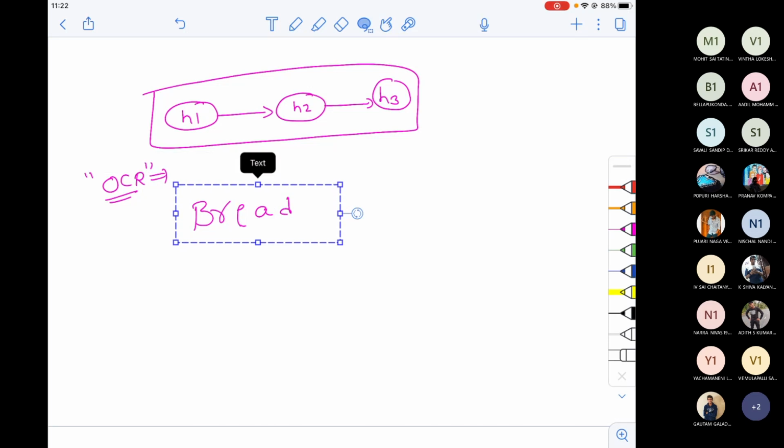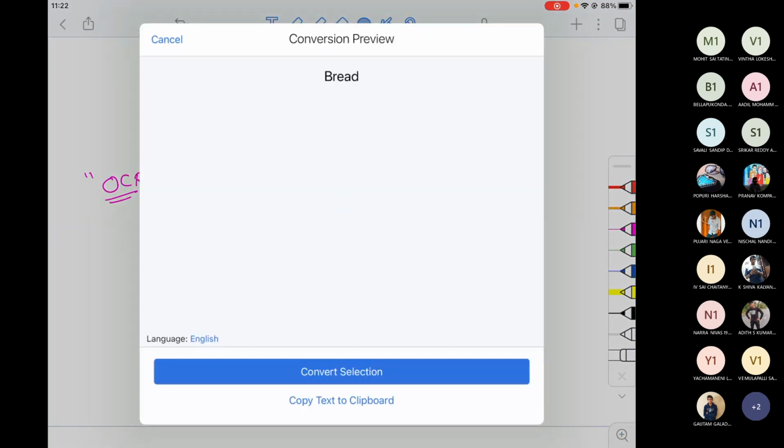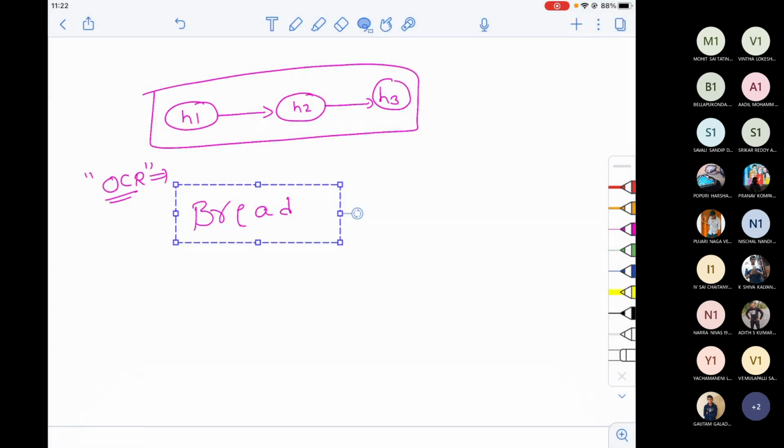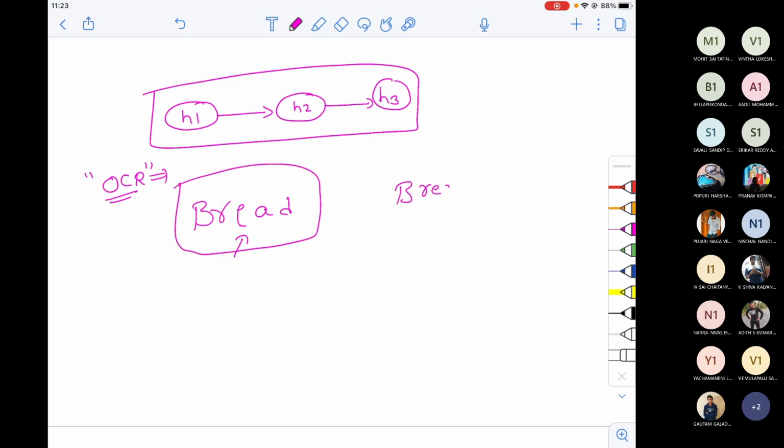So it converted. Now, even though the E has not been written well and is not exactly looking like E, my optical character recognition could convert it perfectly as bread.